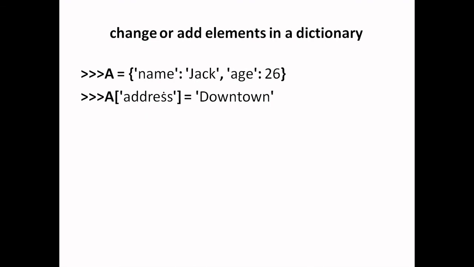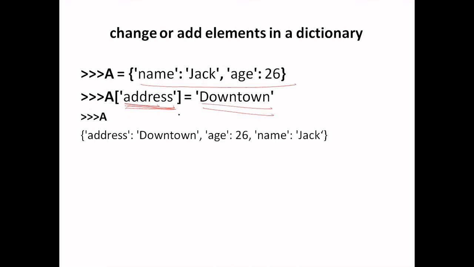Suppose I write address downtown. As this key does not exist in this dictionary, this will be added here as a new element whose key part will be address and its value part will be downtown. And suppose the key already exists in this dictionary, then the value will be updated by this new value. So here we will get this answer.